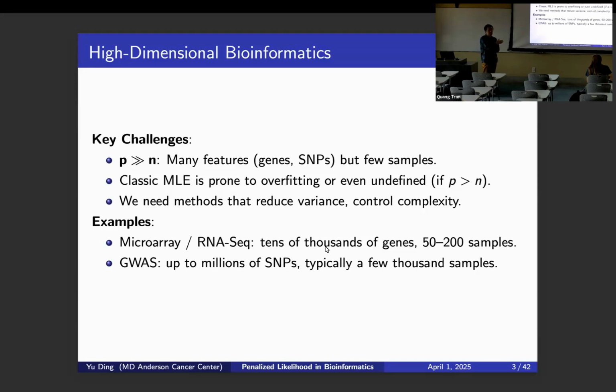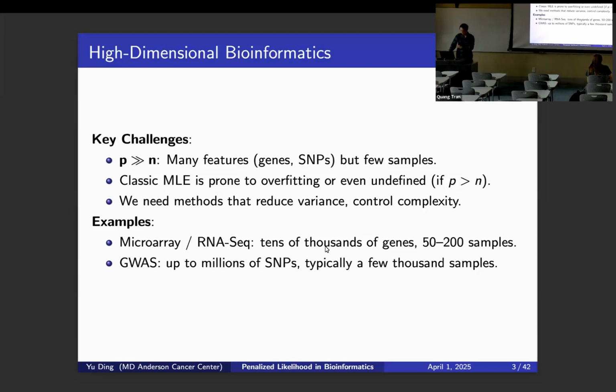You can treat the samples as tissues collected from patients during surgery. The other case is GWAS, the genome-wide association study, which has up to millions of SNPs, the single nucleotide polymorphisms, but typically only a few thousand samples.